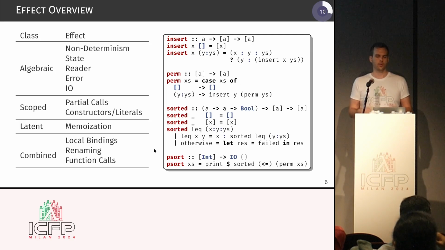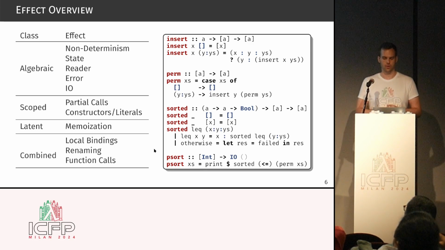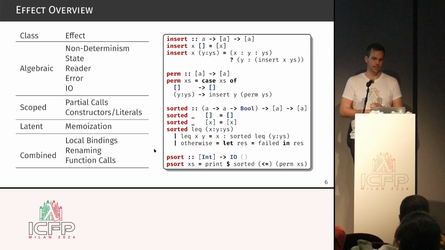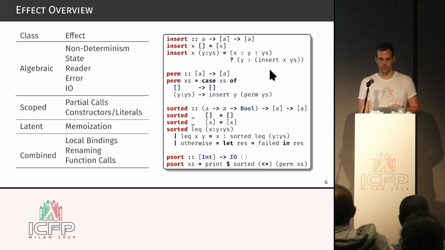And to give you an overview of what effects I found in the language, I have brought you on the left side the overview of the effects, and on the right side a query program. And I'll show you on the code where I found those effects.